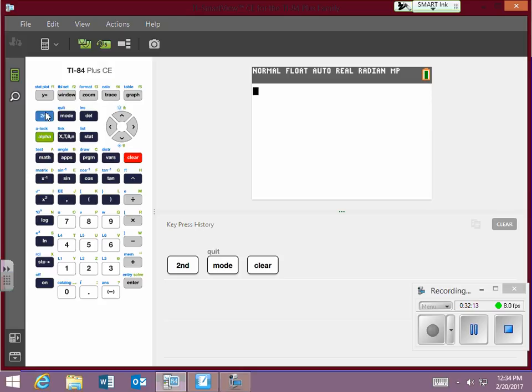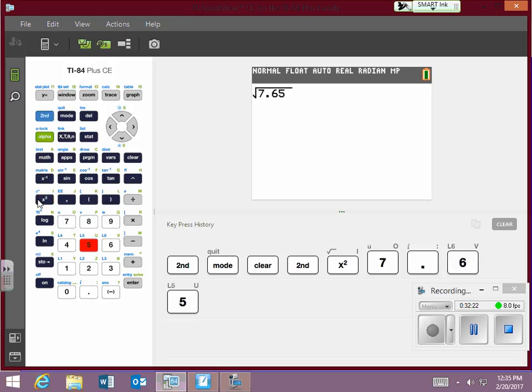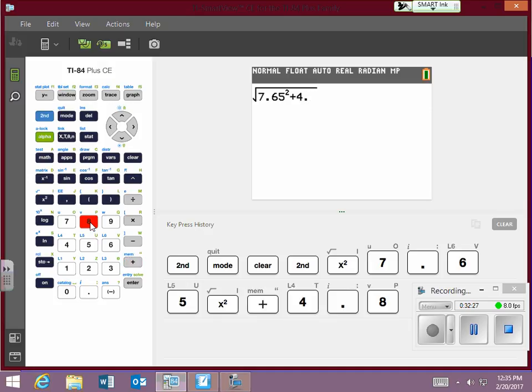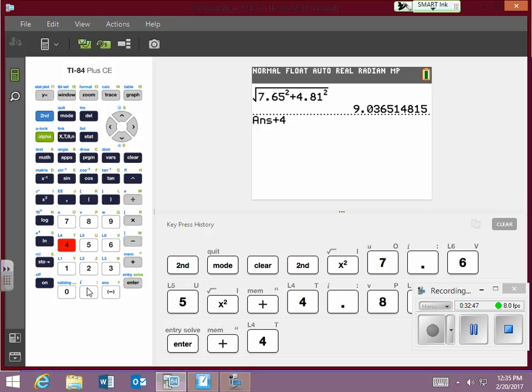So second, square root of 7.65 squared minus 4.81, that'll be that side A. Then the perimeter is going to be, we're going to add that A to 4.81 plus 7.65.